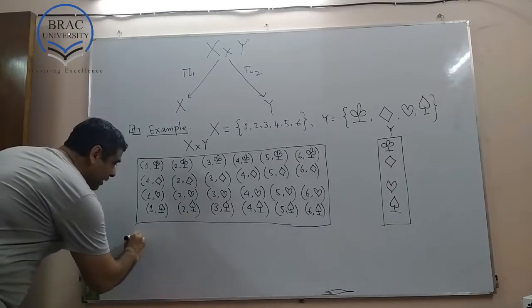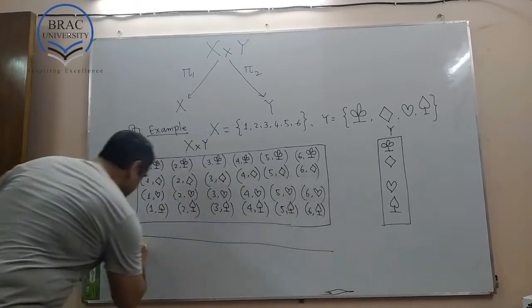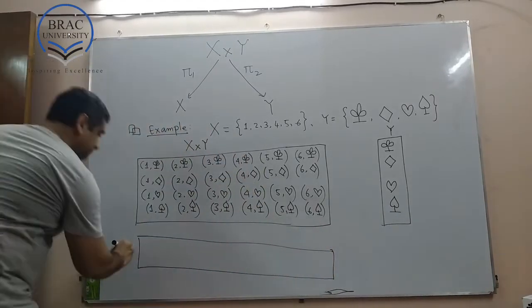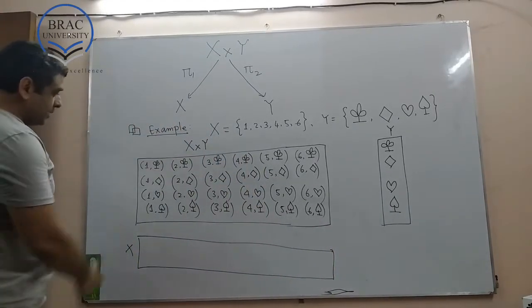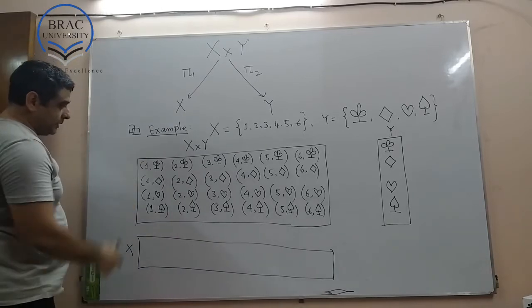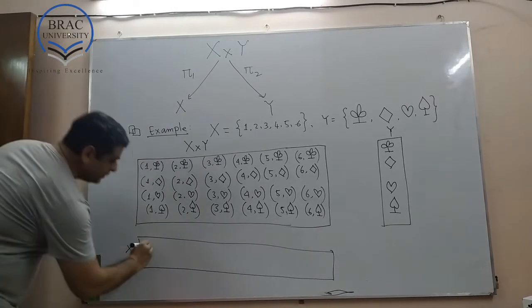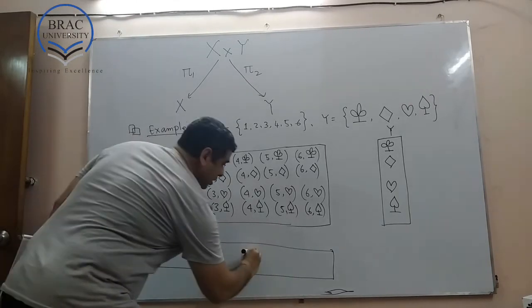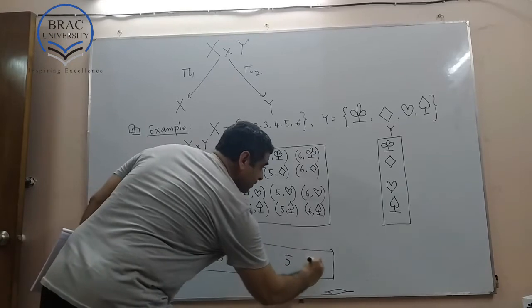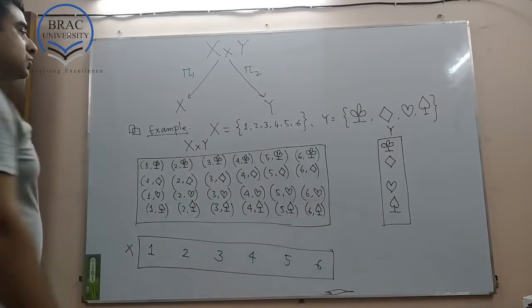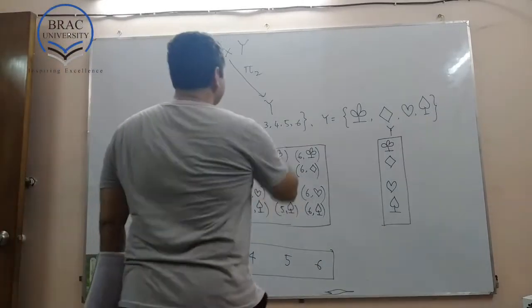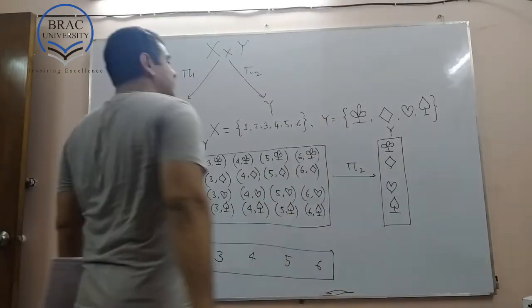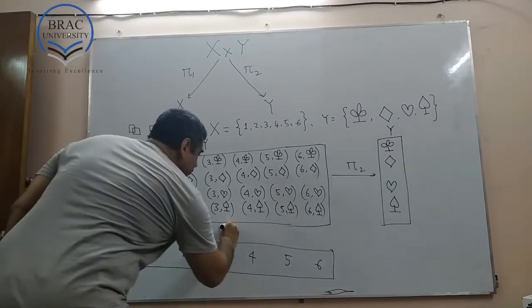And here we have the 6-element set X, and the elements corresponding to the columns are 1, 2, 3, 4, 5, and 6. So the two projections are given by this phi 2 and this phi 1. Okay.